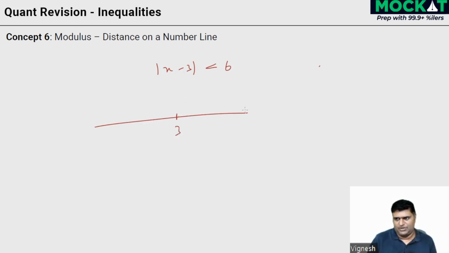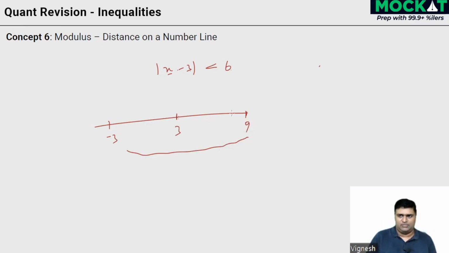From there, 6 units to the right is 9. 6 units to the left over here is minus 3. I want the distance from 3 to be less than 6. Max, it can go to 6. No, it can't touch 6. It has to be less than that. So the range acceptable over here is minus 3, 9. Any point you find over here, which is greater than minus 3 or less than 9, the distance from 3 is going to be less than 6.